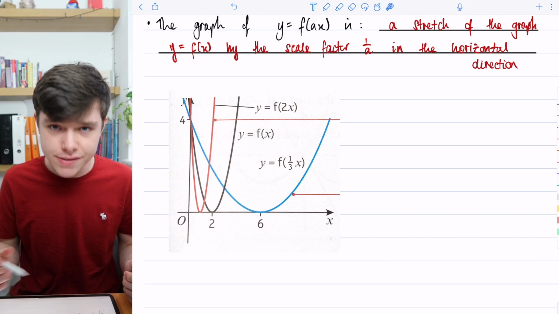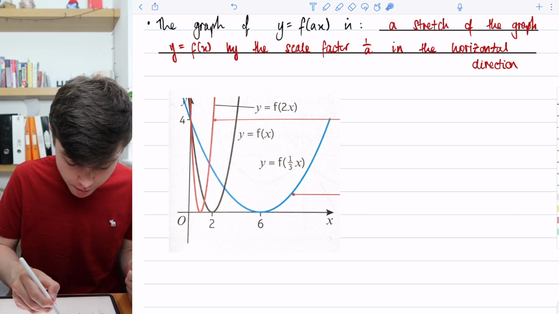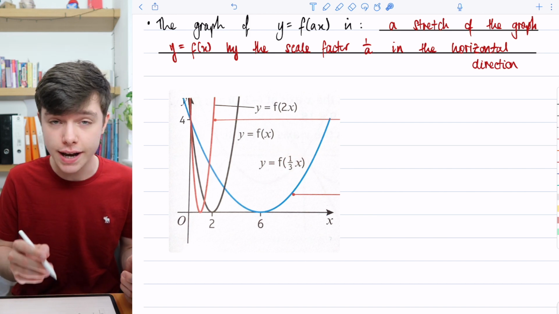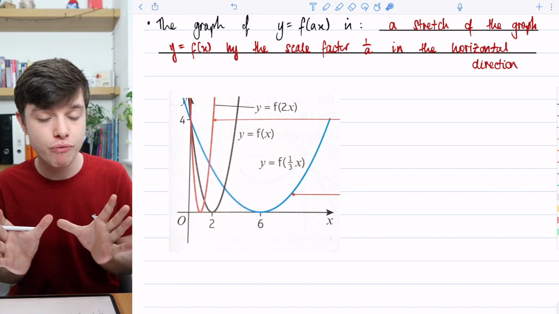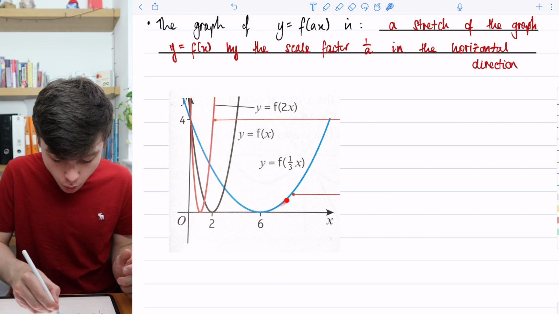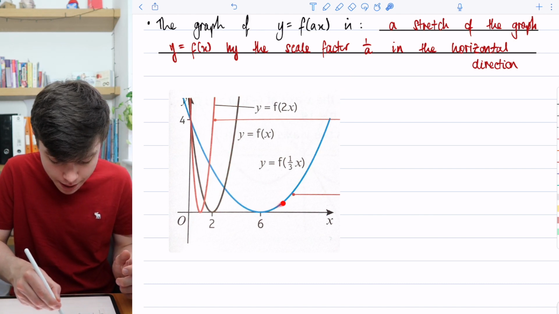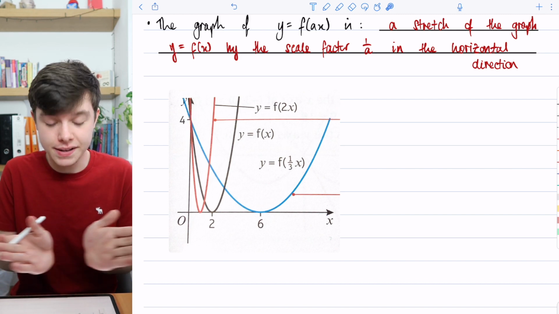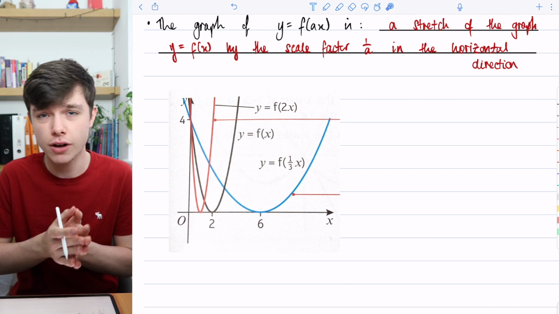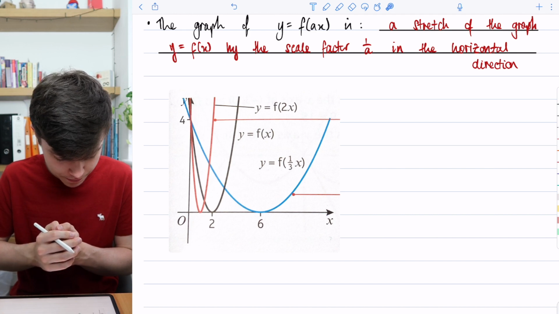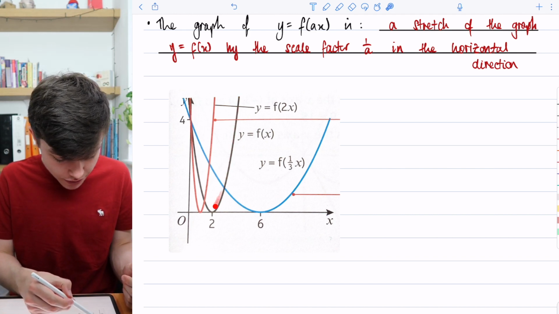And we can see the general shape of the graph. When we multiply it by this third here, we're going to do a scale factor of 3. So everything's going to become quite a bit bigger. We can see we were quite thin here, and then we got quite a bit larger when we did that scale factor of a third, or scale factor of 3. And then we had here, well, this is our original graph.